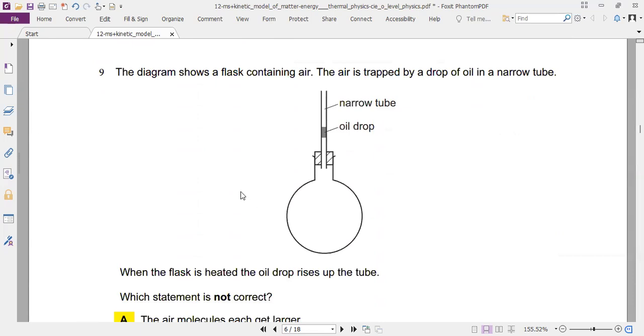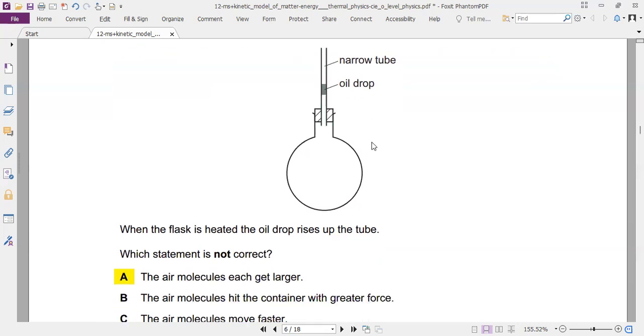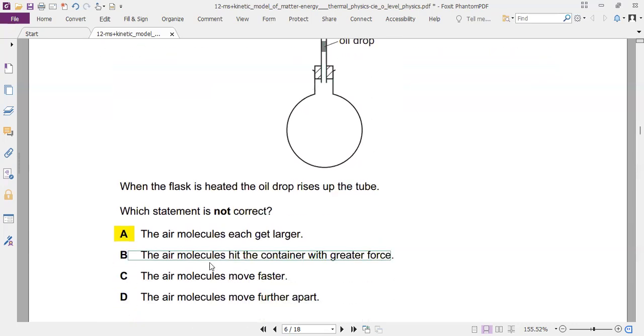Question number 9. When we heat the flask, the oil drop rises. Well, let's look at these 3 options and why they are not correct.